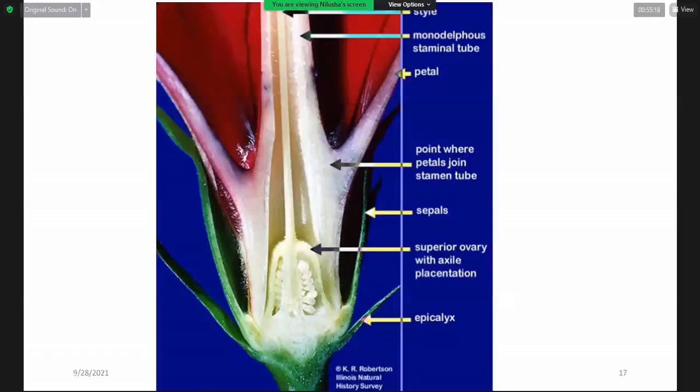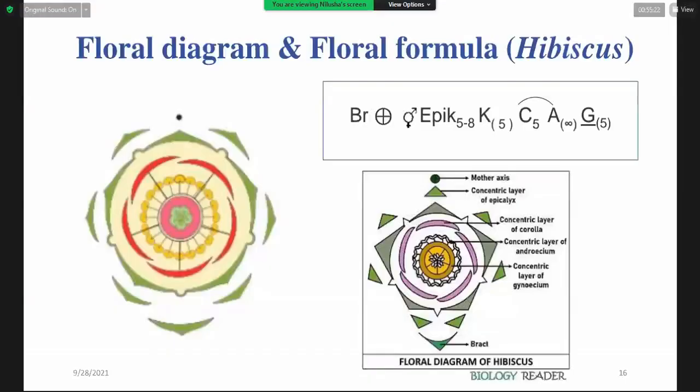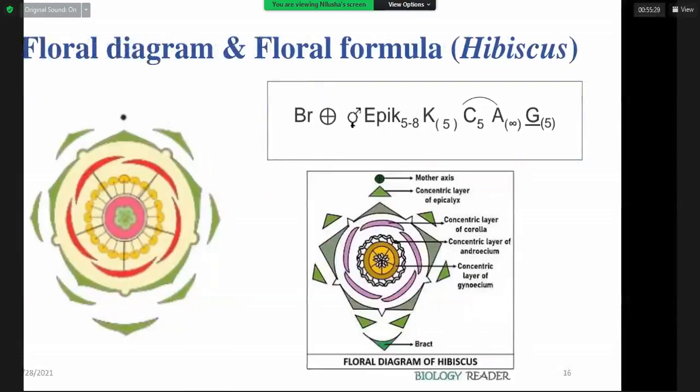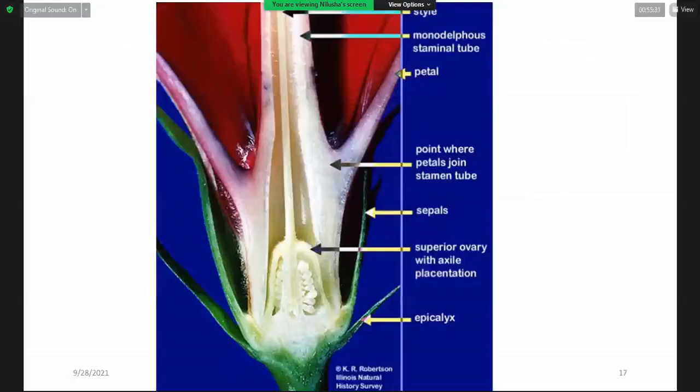Here, I already told you that in the floral diagram, the staminal tube encloses the style, and the epipetalous condition means that the petals are joined to the staminal tube. You can see it in the picture.